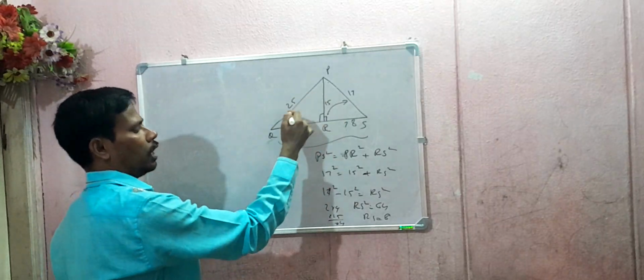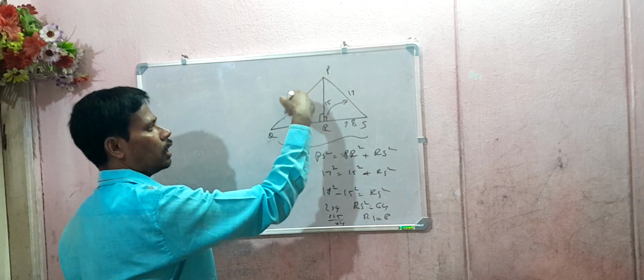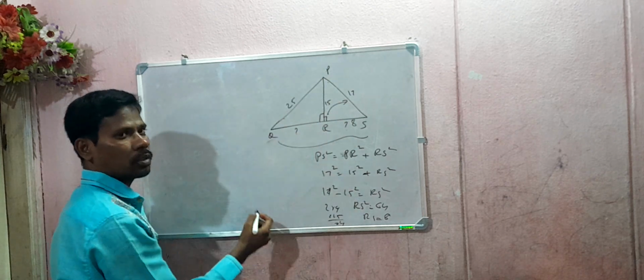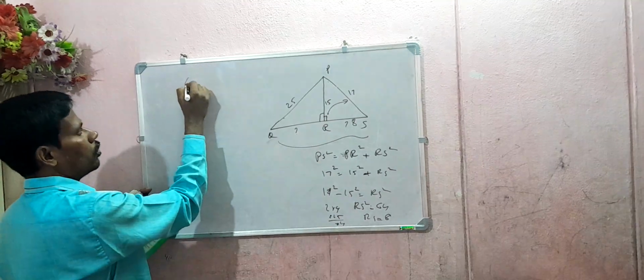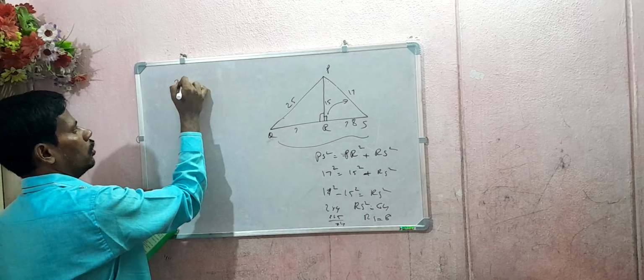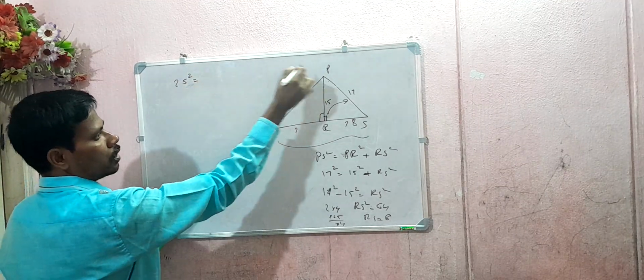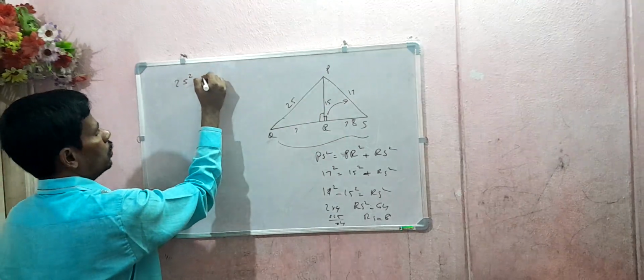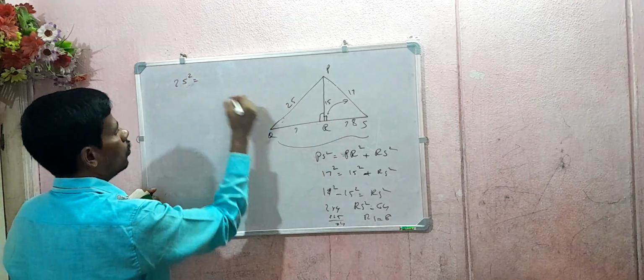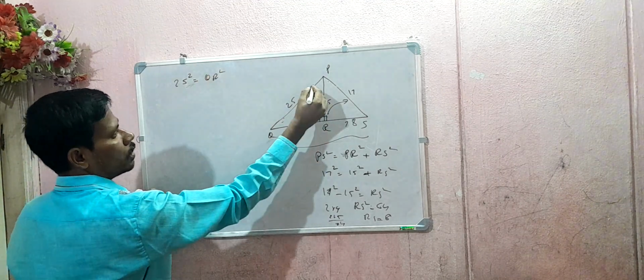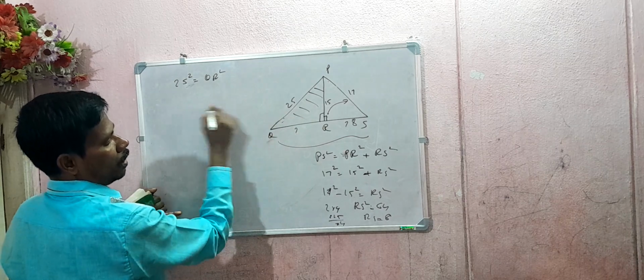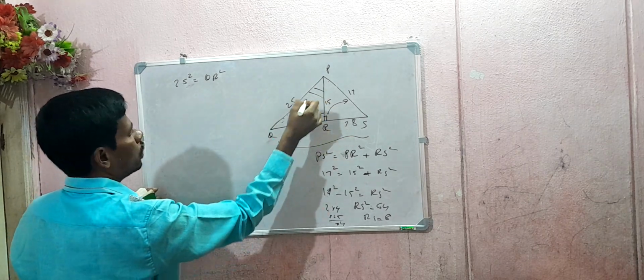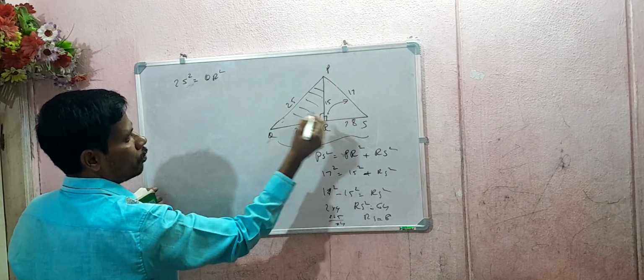In the same way, calculate this one. This is a right angle triangle, 25 square is 625. Square on the hypotenuse is equal to the sum of the squares on the other two sides. So we don't know QR square. I am considering this triangle now. Plus QR square plus PR square.